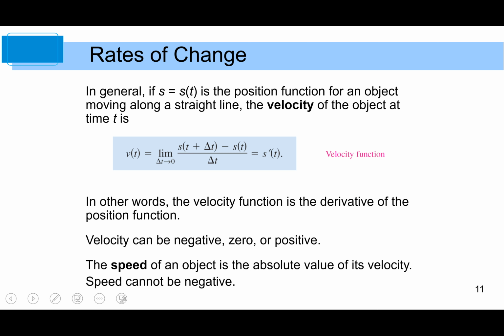Okay. In general, if s equals s of t is the position function for an object moving along a straight line, the velocity of the object at time t, v of t, equals the limit as delta t approaches 0 of s of t plus delta t minus s of t over delta t, which equals s prime of t.